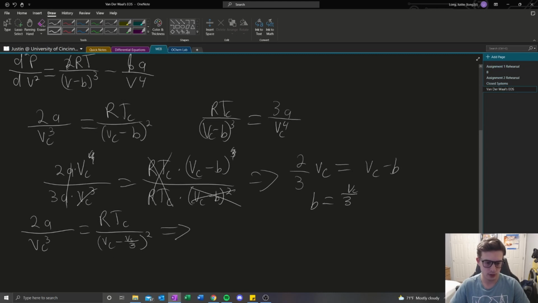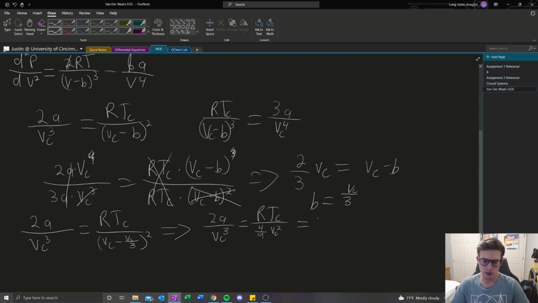And so this is going to end up being 2A, the side doesn't change, and then we're going to go ahead and simplify that, so that's just 2/3, and then that's squared, so we get 4/9 VC squared.